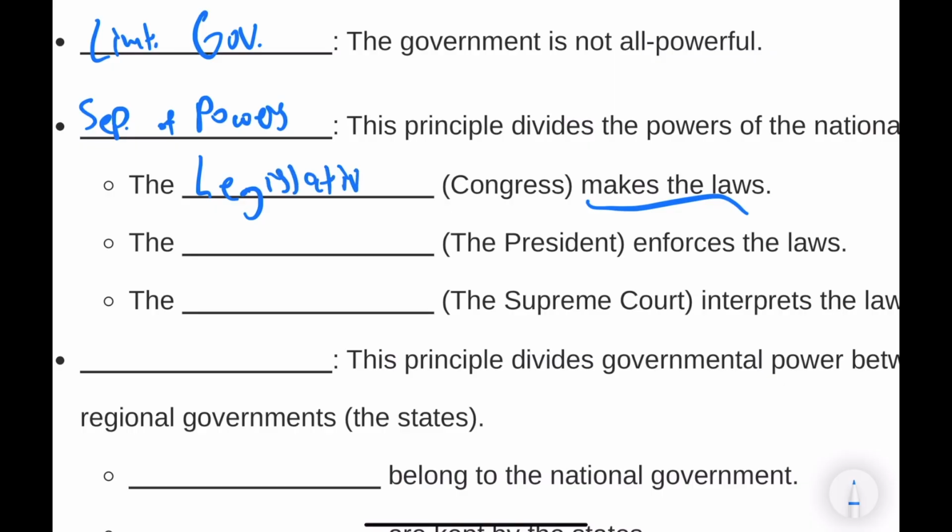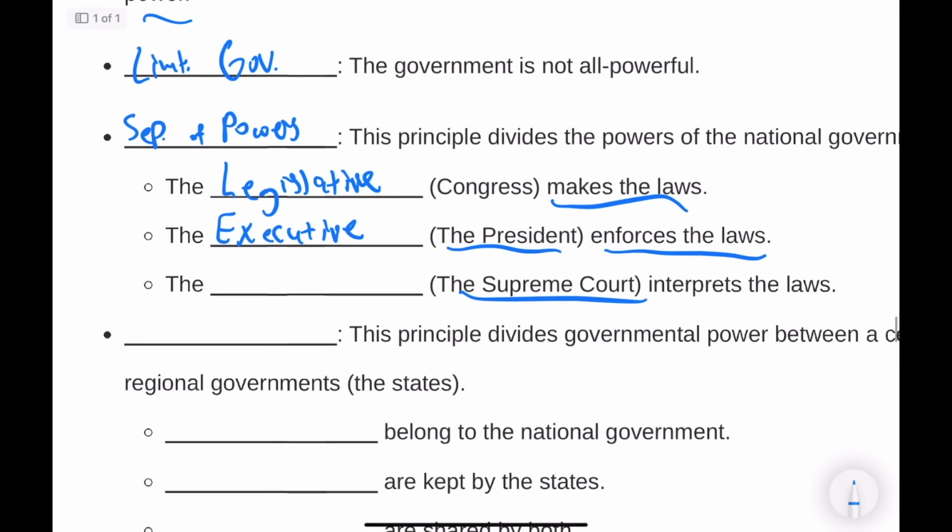And then next up, where the president is, this enforces the laws. This is called the executive branch. And then next up, we have the Supreme Court, and they interpret the laws, and that is the judicial branch.